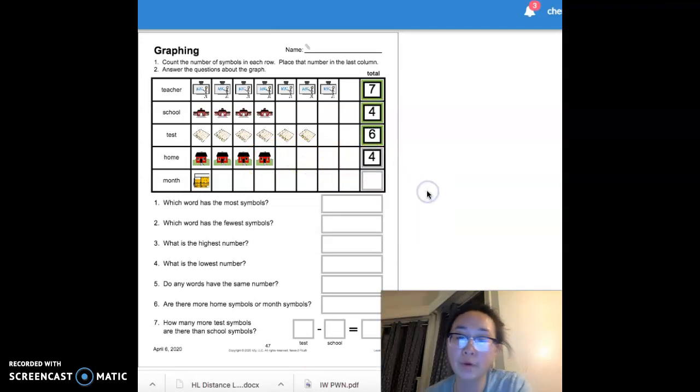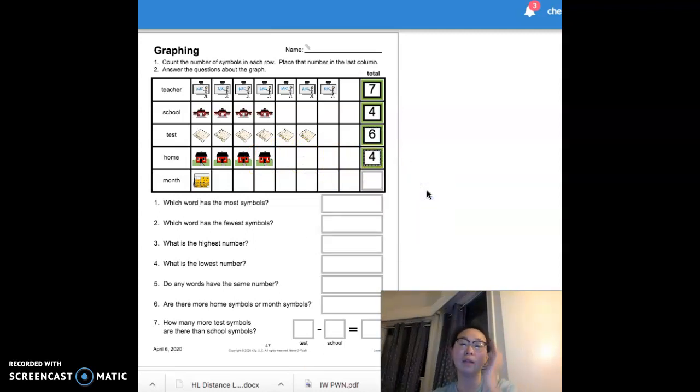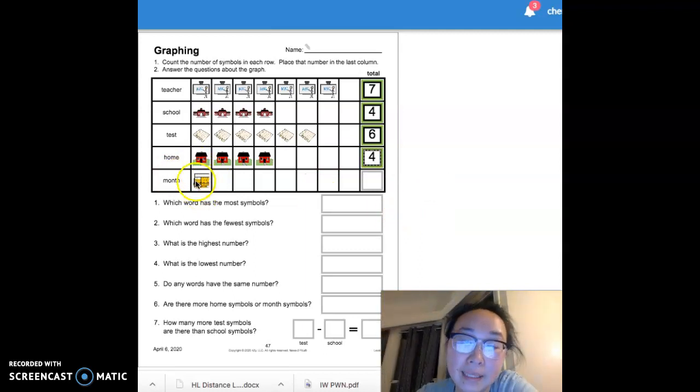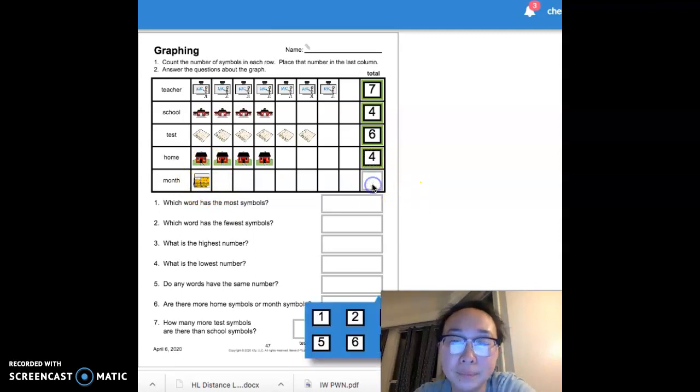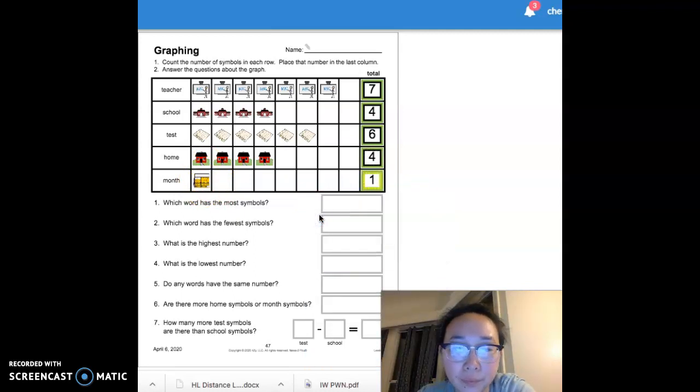Put 4. And our last word is month. It's the month of April. And that has just 1. So just to review, teacher has 7 icons, school has 4 icons, test has 6 icons, home has 4 icons, and month has 1 icon.